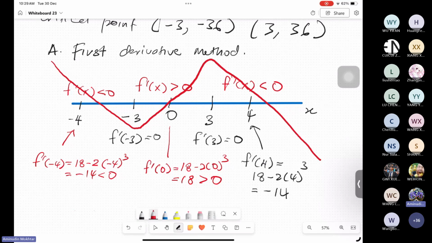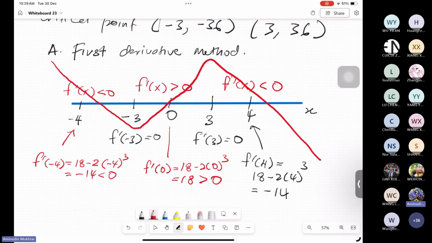So the function is decreasing before -3 and after +3, before the critical point and after the critical point. But the function is increasing in between -3 and +3. That's how to determine whether the function is increasing or decreasing.